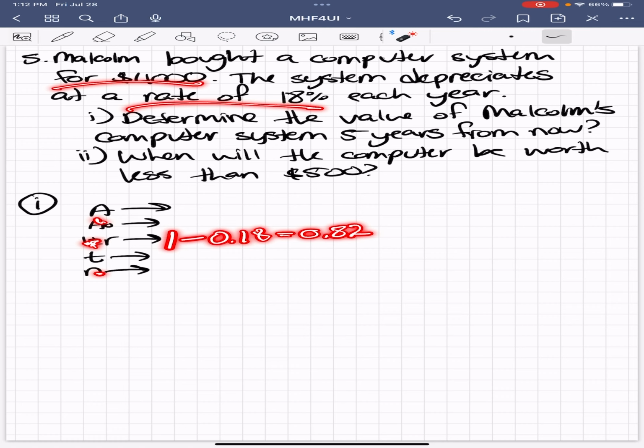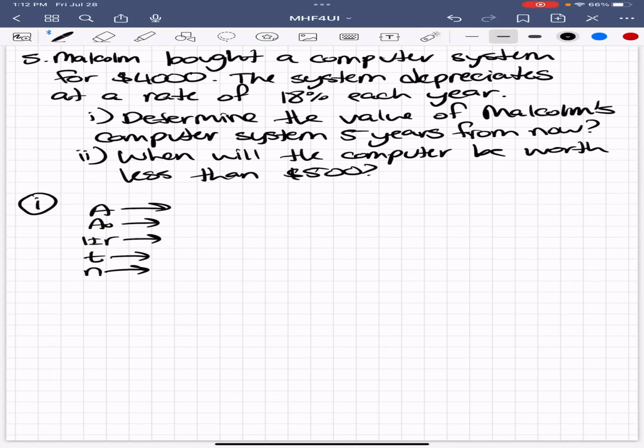And it depreciates yearly, so our depreciation time, or our decay time, is going to be 1 year. I was just letting you know what the information in the question means.